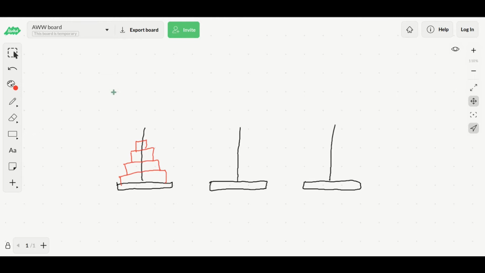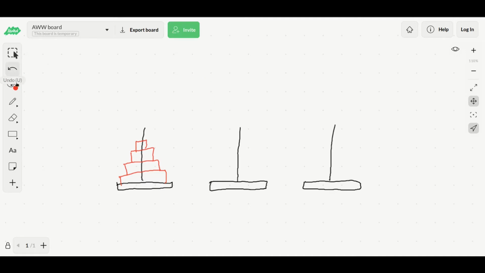So just to make things clear, in each move we can take the uppermost disk of any stack and move it to some other stack, given that the uppermost disk in the destination stack is larger than the disk we're going to put on top of it.